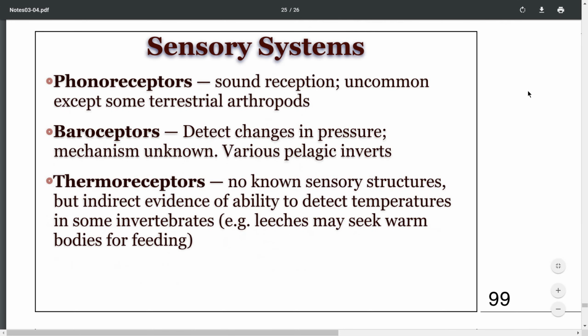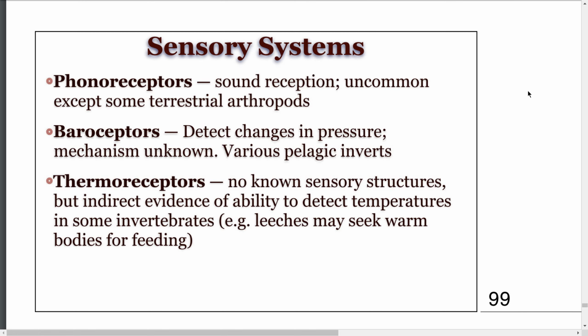Another kind of receptor are phonoreceptors, which detect sounds. Sound receptors are actually pretty uncommon in invertebrates, in part because it's fairly tricky to detect sound in a marine environment. Organisms are pretty much the same density as the water, and so sound waves simply pass through.